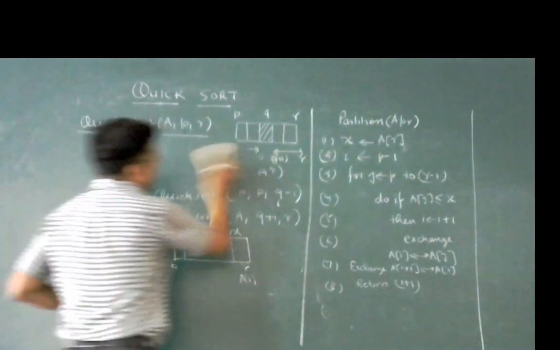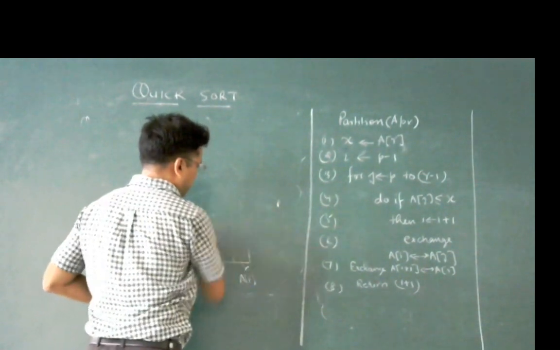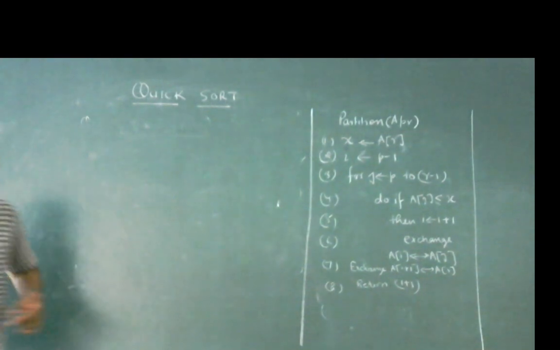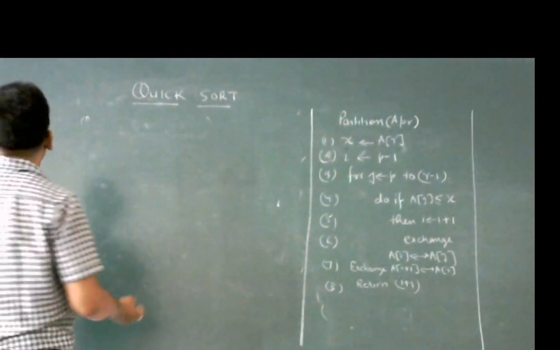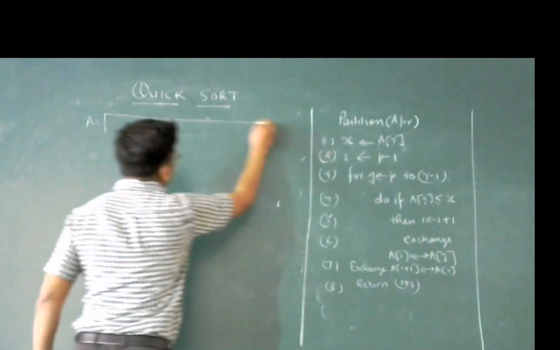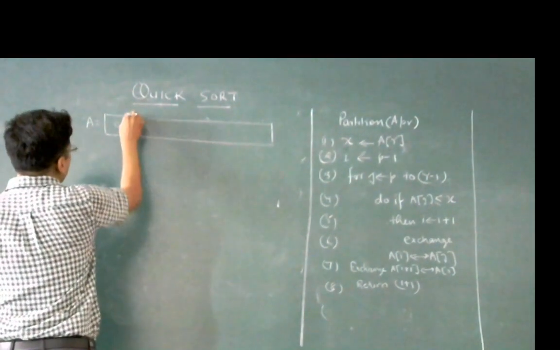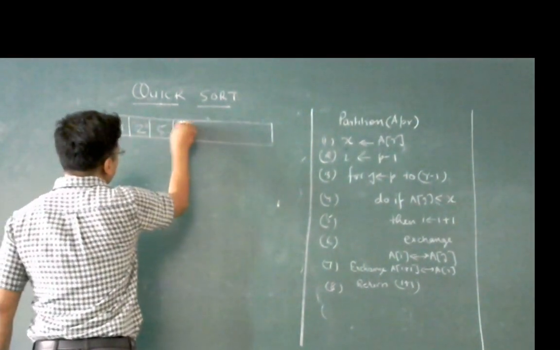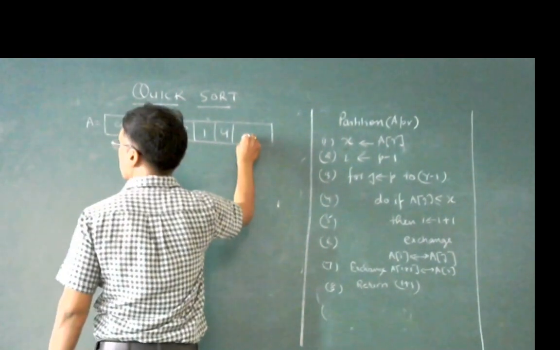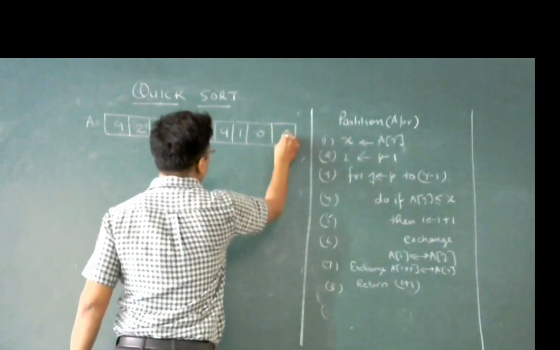So for example, I am taking an array A = 9, 2, 5, 7, 1, 4, 0, 1, 0, 6, 1, 0 and 6.